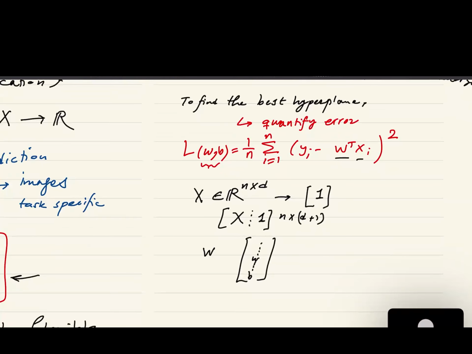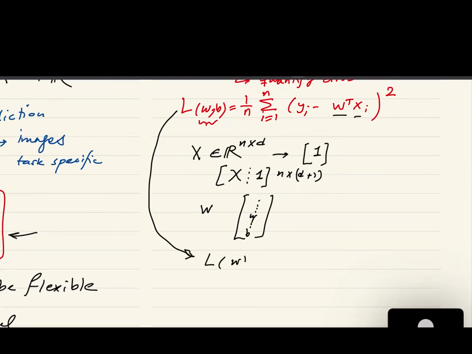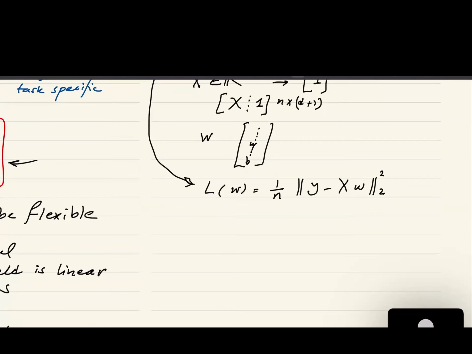Okay, so going back to this loss function, I simplify it by writing it in matrix form. If you remember, in linear models, we found the best W in the sense of ordinary least squares by minimizing this loss over all of these W's.